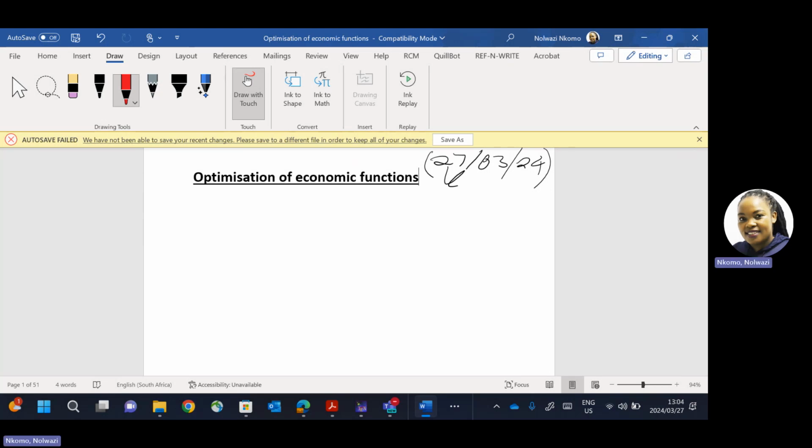Furthermore, the nature of such a turning point is determined by the second derivative. If the second derivative is greater than 0, then we say that turning point is a minimum point.